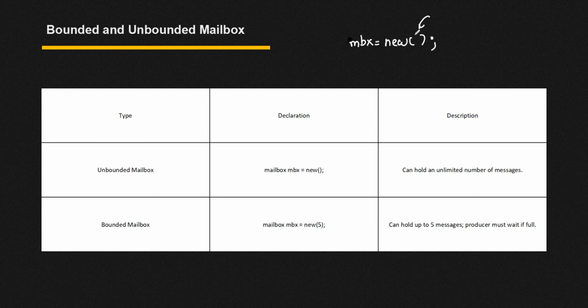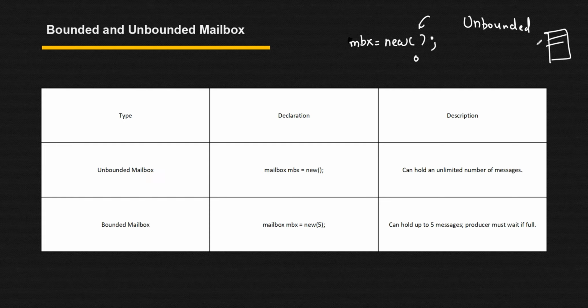If the argument is empty or if you are passing 0, that means it is an unbounded mailbox. What does it mean by unbounded mailbox? Here you have not given any size to your mailbox, so your mailbox is of infinite size. So you are allowed to pass multiple messages inside your mailbox. You have not restricted the size of your mailbox.